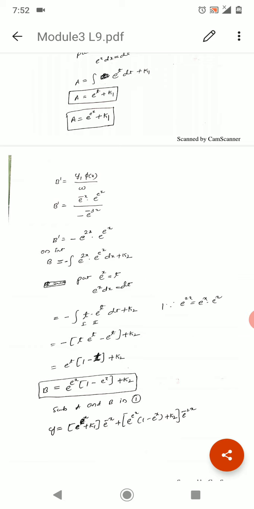Now consider b dash is equal to y1 phi of x divided by w. So here y1 is e power minus x and phi of x is e power x, divided by w is minus e power minus 3x. Therefore b dash is equal to minus e power 2x into e power x.